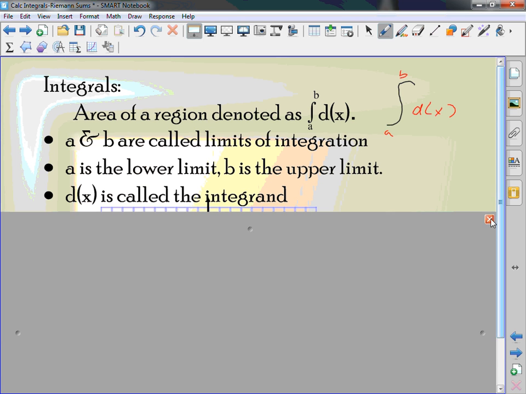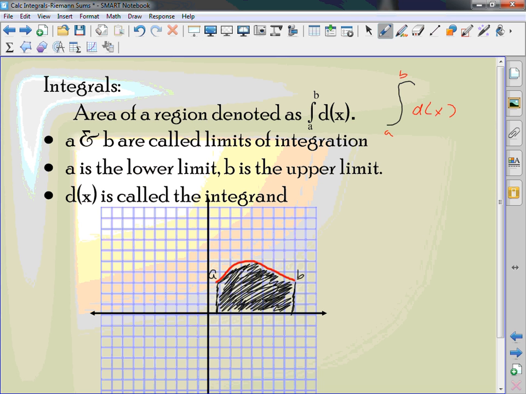f of x is called the integrand. This is what we're going to do.